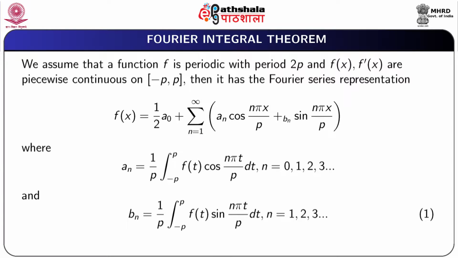Here the constants a_n and b_n are given by a_n equal to 1/p integral from minus p to plus p of f(t) cos(n pi t/p) dt, n varies from 0, 1, 2 etc., and b_n is equal to 1/p integral from minus p to plus p of f(t) sin(n pi t/p) dt, where n varies from 1, 2, 3 etc.